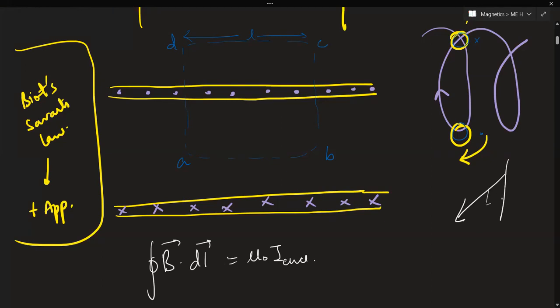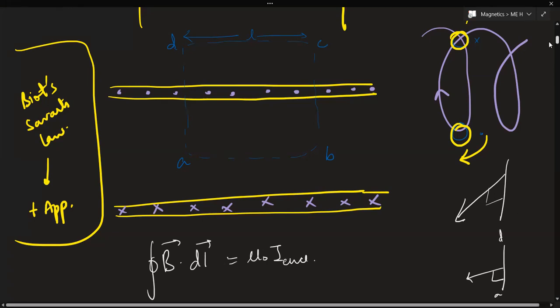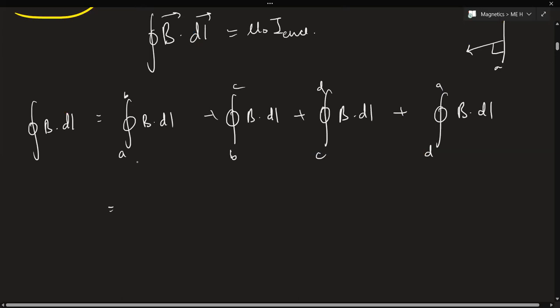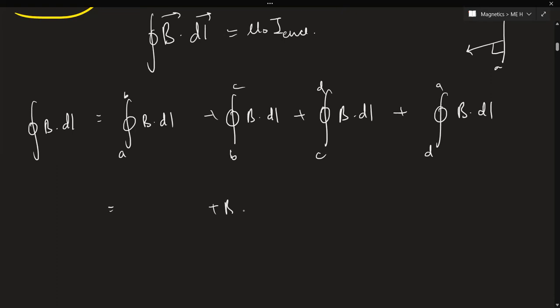What's the angle between them? 90 degrees. If AD is like this and the magnetic field is coming out of the page, this angle is 90 degrees. So for BC it becomes B dl cos 90 degrees, and for AD also B dl cos 90 degrees.